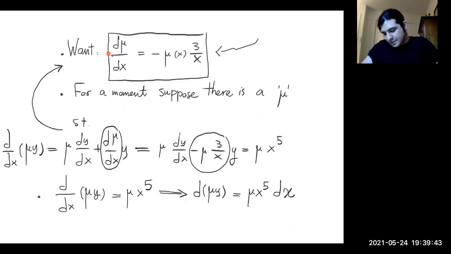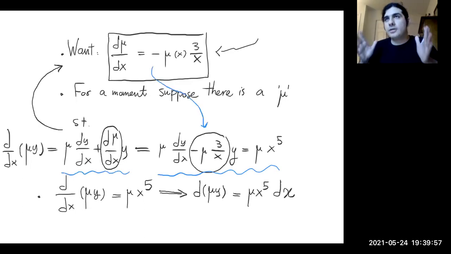So if there is such a function, the left side of this equation we had here would be equal to this. I'm just plugging in what I want to be true, and I'm assuming to be true, into the equation. And then we would get this thing here. And by product rule, that is derivative of mu y with respect to x.